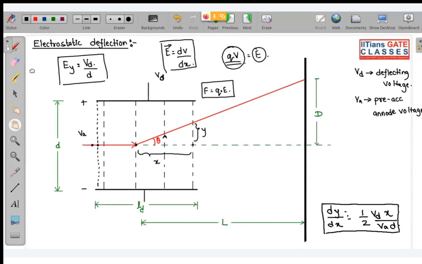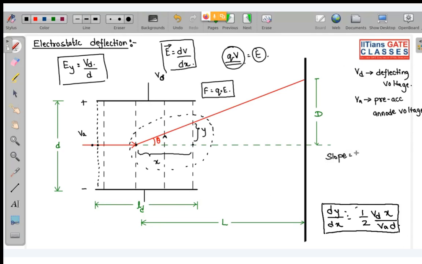Now from this, can you tell me what is this dy by dx? Tell me, Nitish, what is dy by dx? Look at this diagram at this point. Very good, slope. Change in y by change in x is the slope.